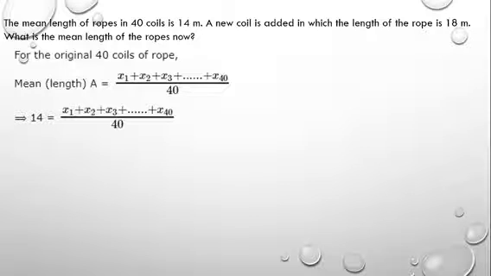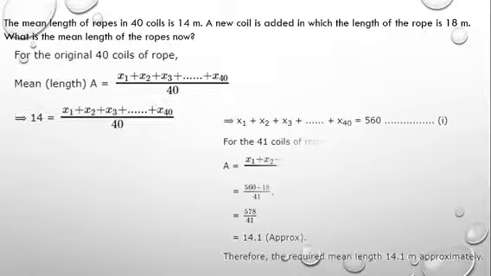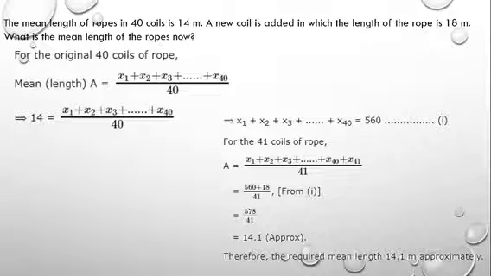So we added x1 and x2 and x3 up till x40, and then we divided by 40, and that gave us 14, which is the mean. Okay, so if we cross multiply here, the addition of all the lengths of the coils will be 560. That is 14 times 40, which gives us 560, and that's our first equation. The addition of the lengths of the 40 coils is 560.